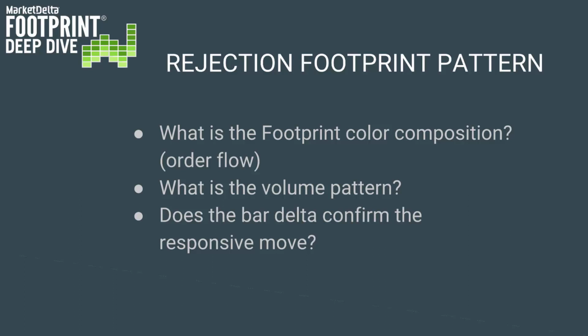Again, I'm trying to pose questions you would run through in your own mind when you see this pattern develop, to help answer the question for yourself that it is indeed occurring the way it should. Are you seeing rejection in terms of the order flow? What does the volume pattern look like? What about the delta bar? Is it confirming the same pattern we see in the rejection?